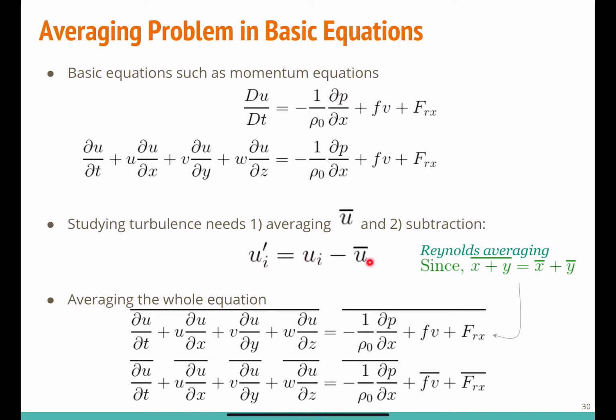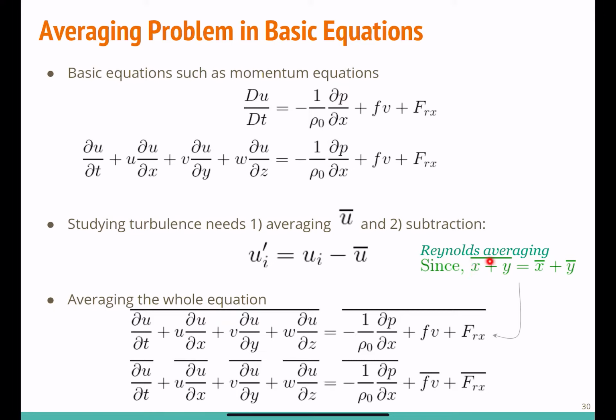This is the subtraction. Okay, first of all, we need to understand the notation of averaging. This over bar means averaging. Okay, we're averaging the whole equation on the left-hand side and then on the right-hand side. First of all, we need to apply what we call Reynolds averaging. We have some averaging rules, actually.